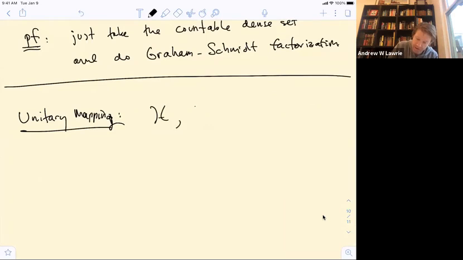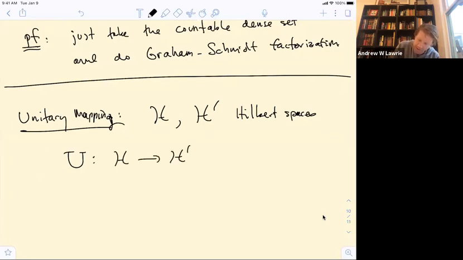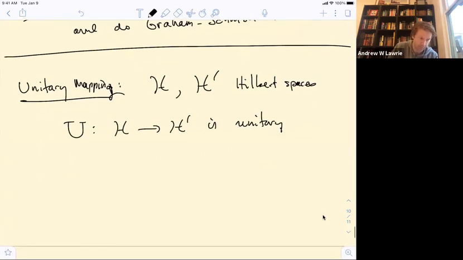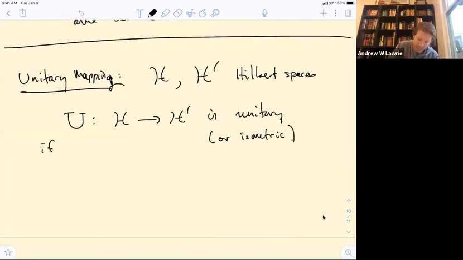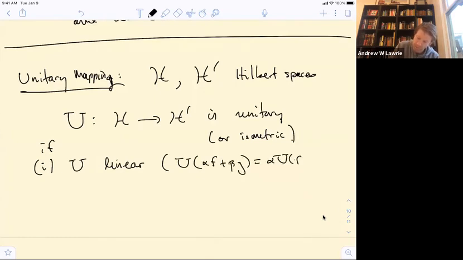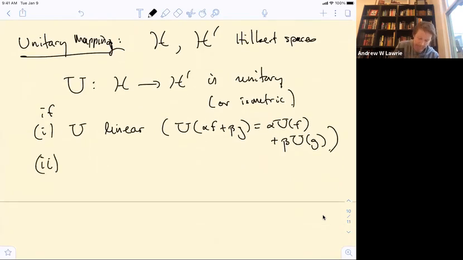If I have two Hilbert spaces, H and H prime, a mapping U from H to H prime is unitary, or isometric maybe, if one, U is linear, two, it's a bijection, and three, it's norm preserving.